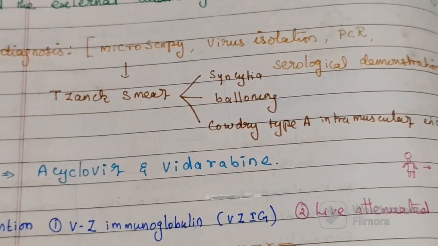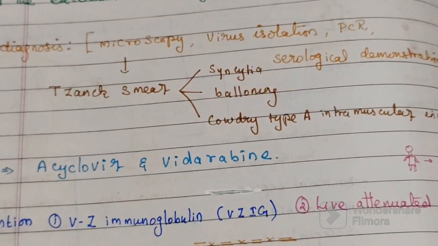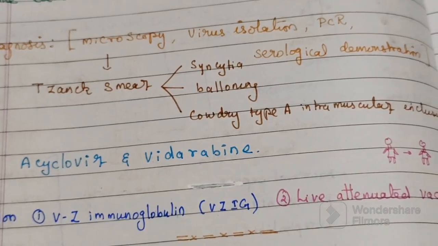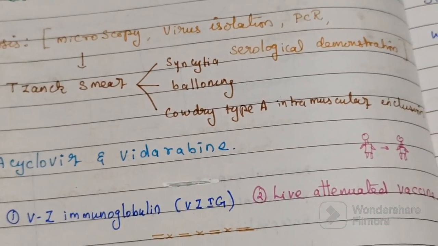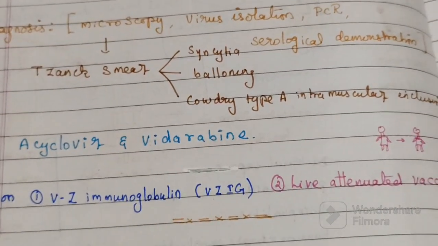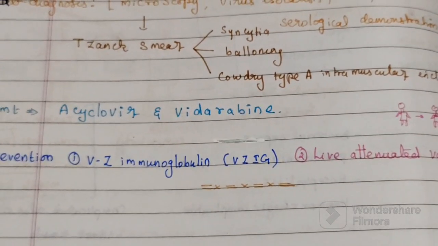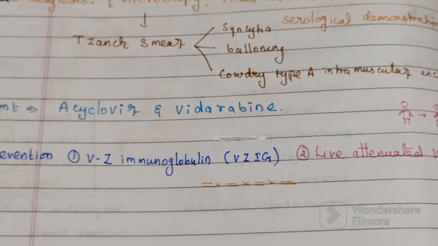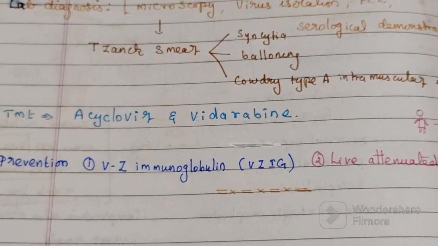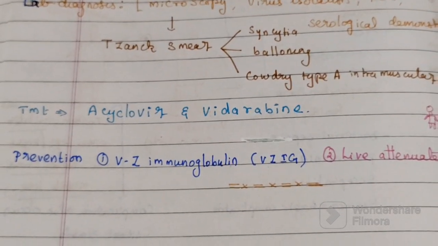Here also we look for three important properties: syncytia, ballooning and Cowdry type A intranuclear inclusion bodies. Virus isolation is the same. Then treatment: acyclovir and vidarabine.